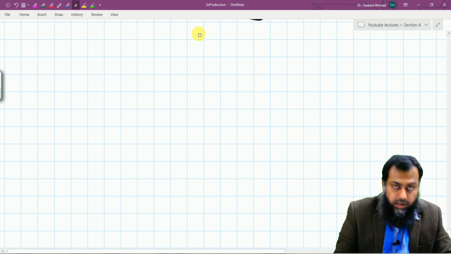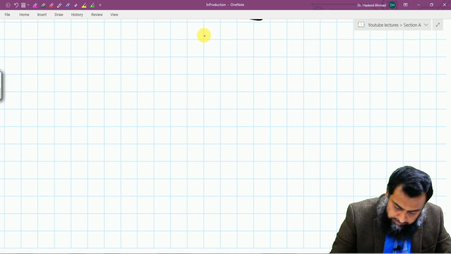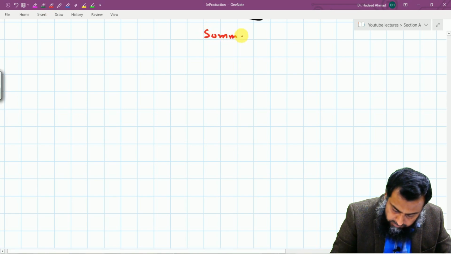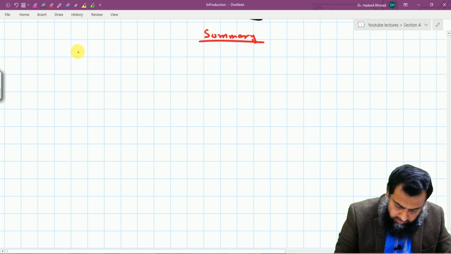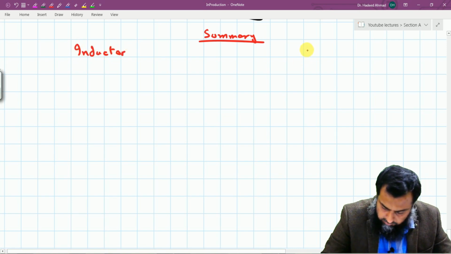Let us have a summary of what we have learned so far. Let us say we have an inductor here and we have a capacitor here.